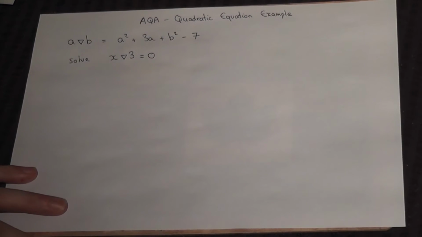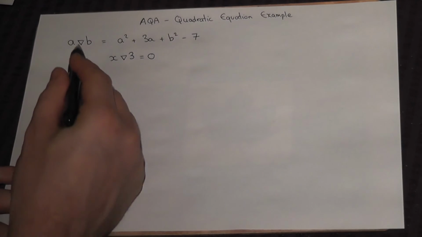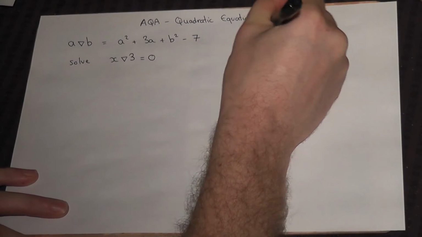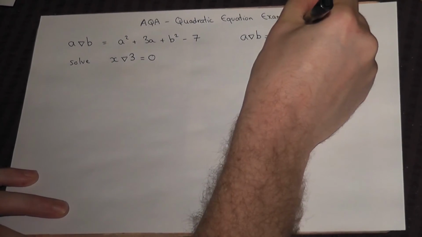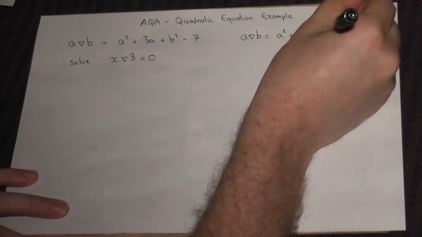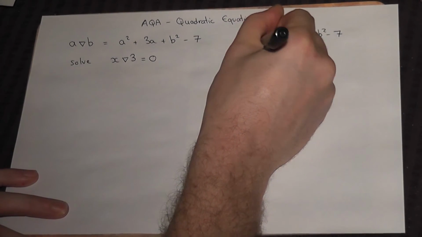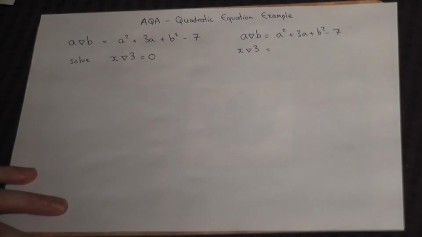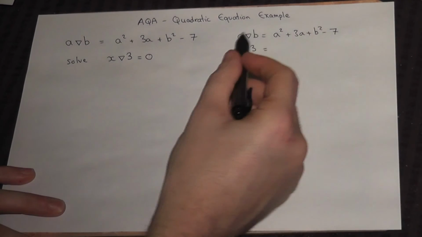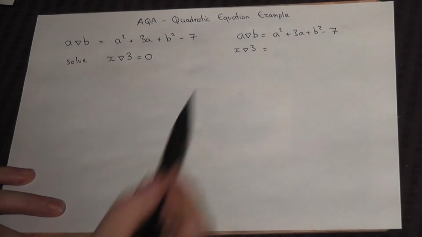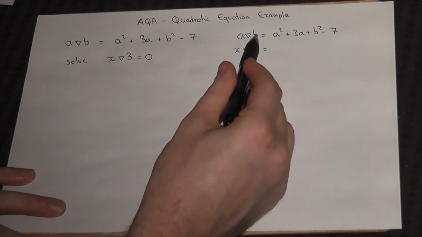Now the trick here is as follows. Let's rewrite this over here. And underneath, I'm going to write down the question, x triangle 3. Now the trick here is to rewrite this with a replaced by x and b replaced by 3. So a is x, b is 3.